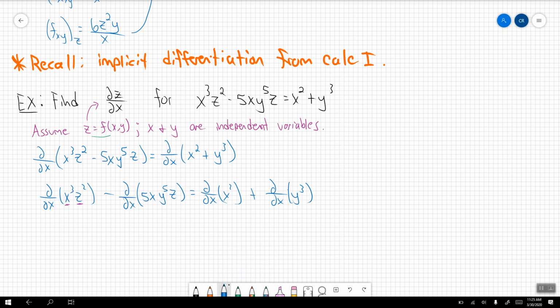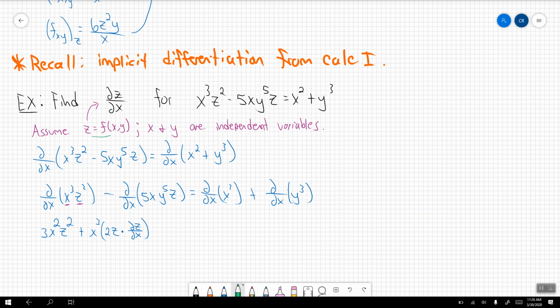Using the product rule here, we're going to get the derivative of x cubed, that's going to be 3x squared multiplied by z squared. And then we need plus the first function, that's x cubed, multiplied by the derivative of the second. And the derivative of the second is going to be 2z multiplied by the partial of z with respect to x.